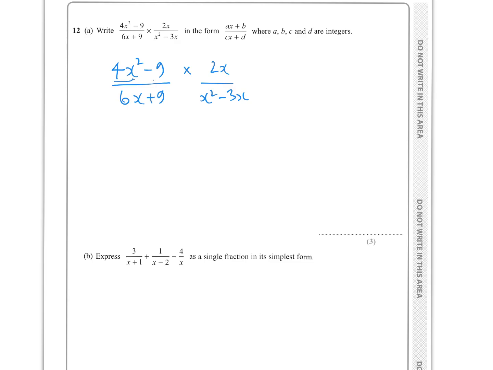First of all, I can see a difference of 2 squares. So that's 2x all squared minus 3 all squared. I'm going to take out a 3 from here. Put brackets around this. And then I'm going to have my 2x here. And then I'm going to take an x from here.